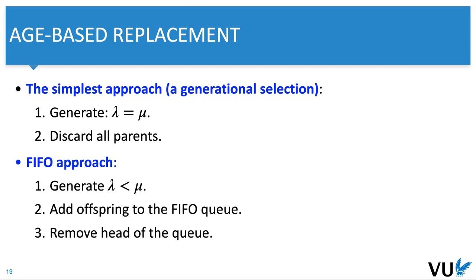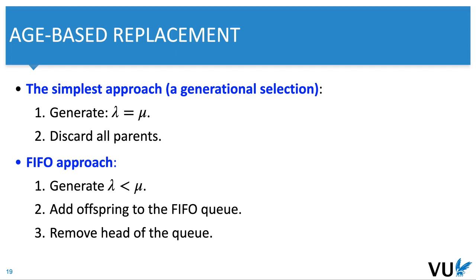What can we use? The simplest approach is the so-called generational approach, and this is the age-based approach. We generate the same number of new individuals as the number of old individuals, so lambda equals mu, and we simply discard all parents and just look at the new individuals. Where do we see this situation? For instance, in the estimation of distribution approach from the previous lecture.